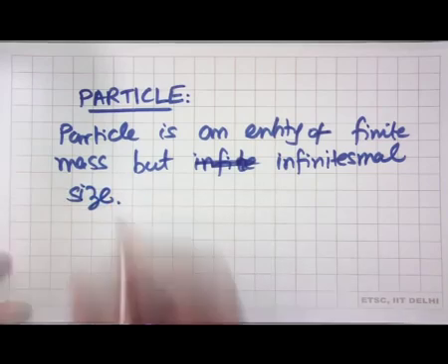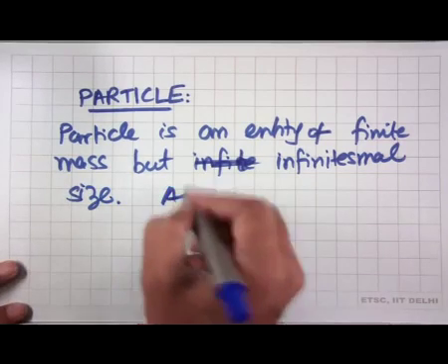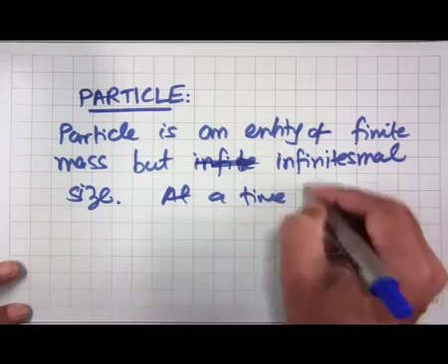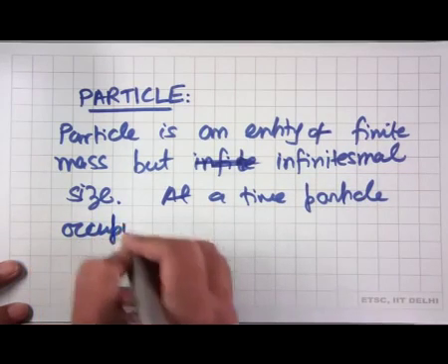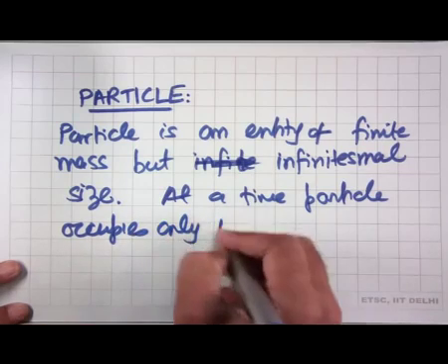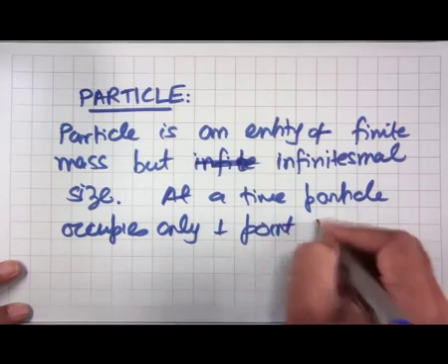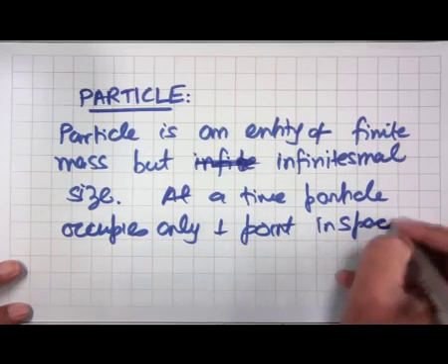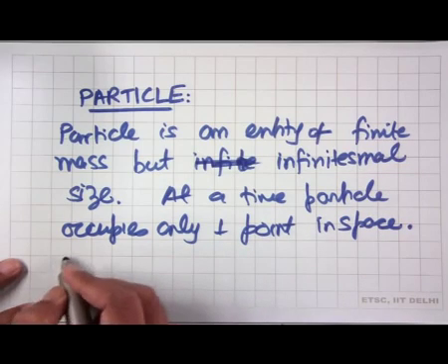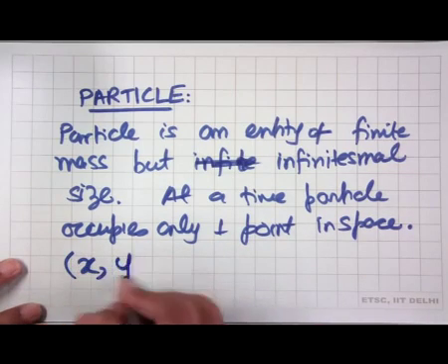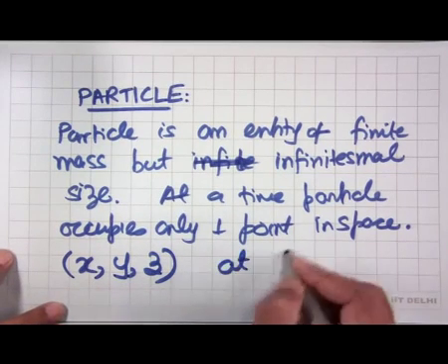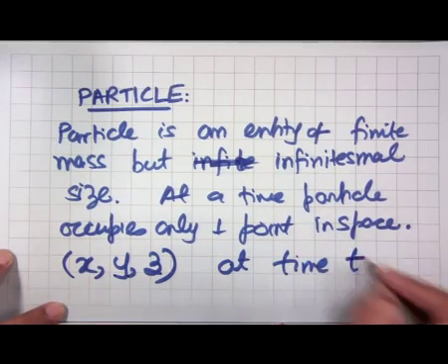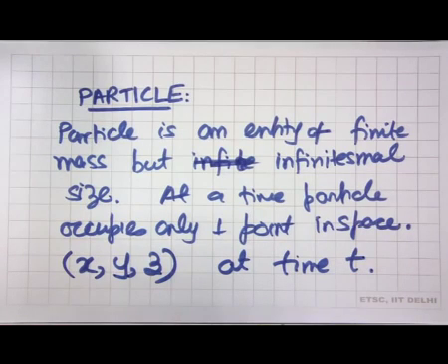That means, at a time a particle occupies only one point in space. So, if we are talking in terms of coordinates, the particle is at x, y, z, the spatial location at time t. This is how we idealize a particle.